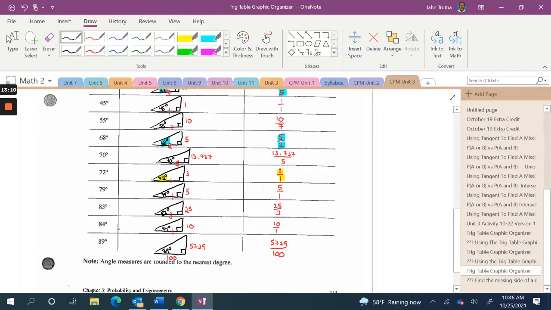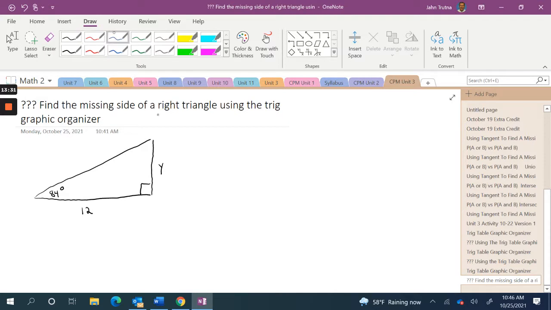I'm going to find the triangle that has the 84-degree angle in it, which you can see is the second to last triangle, and I am going to copy that triangle next to the triangle on the problem that I'm trying to find the value of y on, even filling in the numbers that I had there, which were 10 and 1.